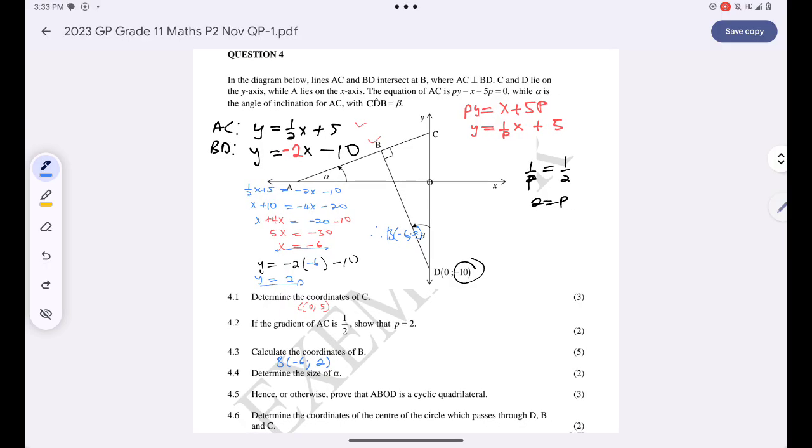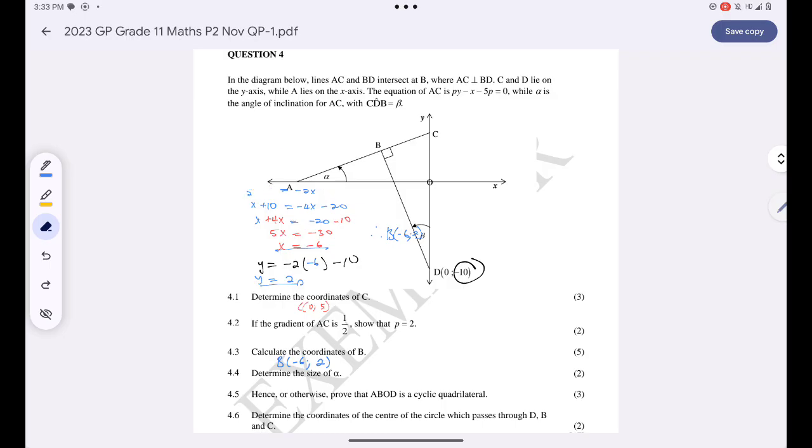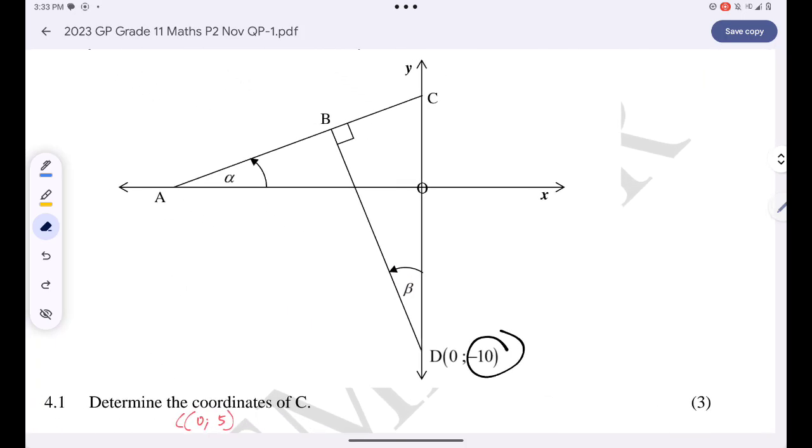Okay, now I just need to find the value of, let me erase here. I'm supposed to calculate the value of angle alpha. Remember that angle alpha is the angle of inclination of line AC. Are you together? So for me to find the inclination of an angle, I need to know the gradient of that angle.